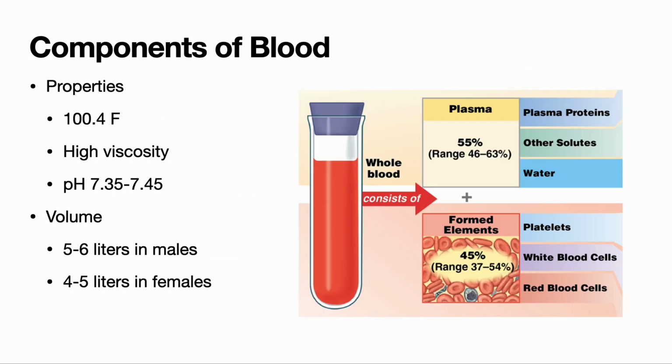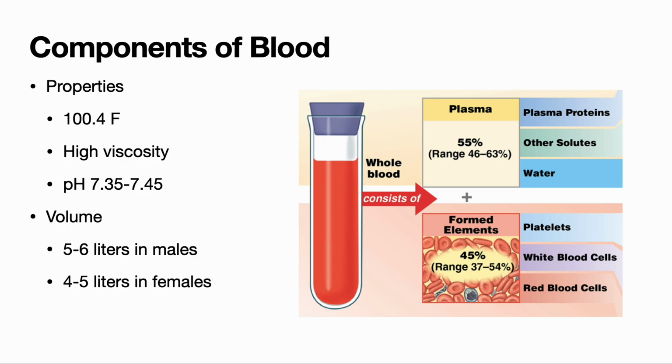All right, so let's remind ourselves about the components of blood. We are going to have roughly 55% of whole blood being plasma. That's, like I mentioned, the kind of fluidy or liquid part of the blood. It's going to contain plasma proteins like globulins and fibrinogen. It's going to include lots of water.